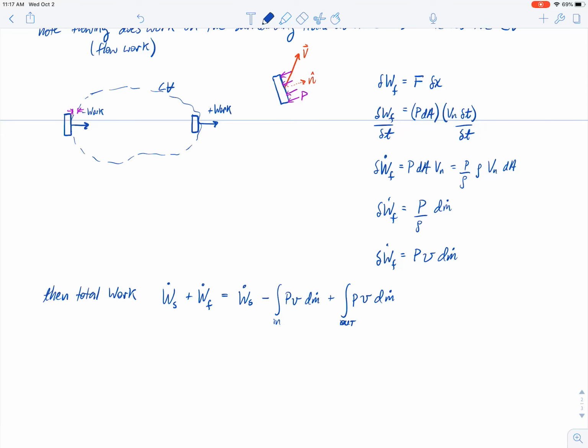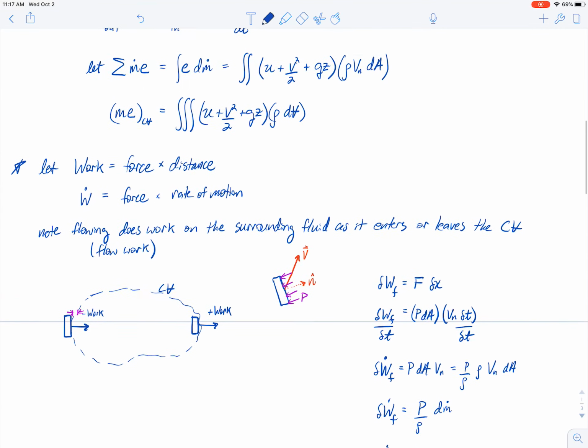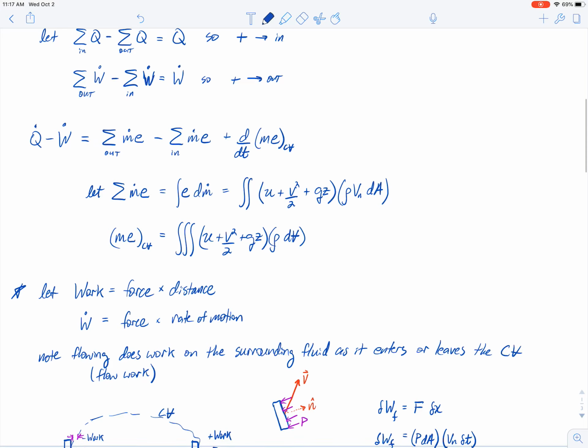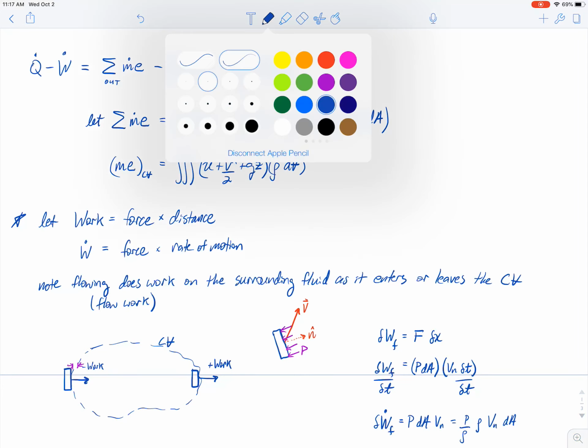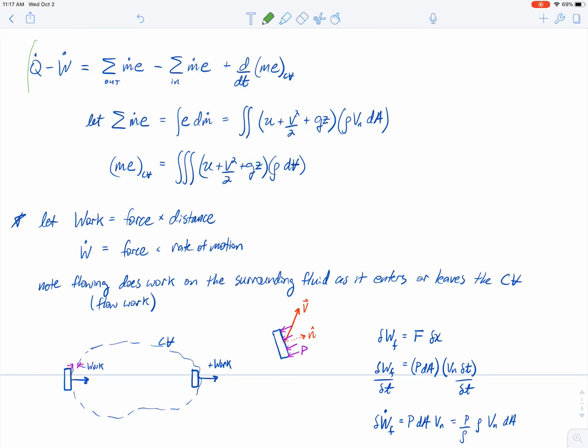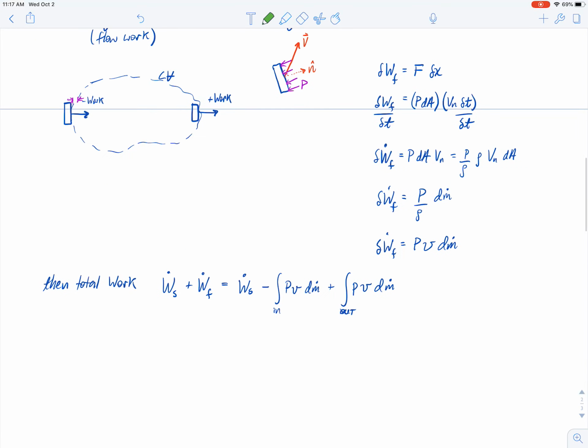Okay, so I've peeled apart new forms of work occurring, flow work, and let's incorporate that back into our conservation of energy equation. Okay, I'm going to take this and I'm going to incorporate what I've just learned about work, bring it all together.